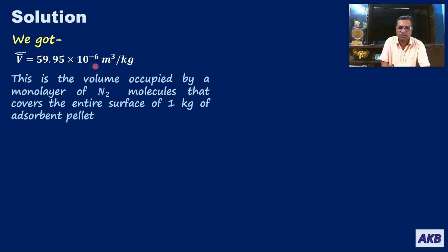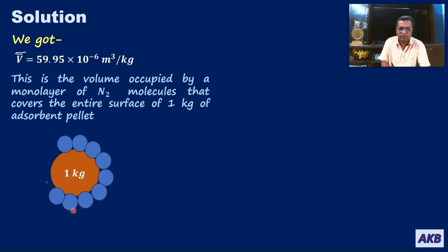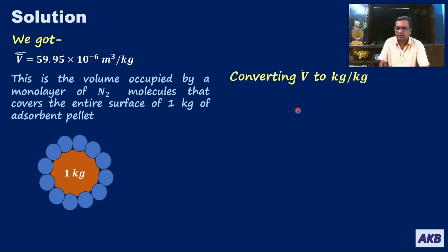So this meter cube of nitrogen is occupying the entire surface of 1 kg of adsorbent pellet. So if you look at the adsorbent, 1 kg of adsorbent I have shown, the entire surface area of this adsorbent will be occupied by these blue colored nitrogen molecules, N2 molecules.